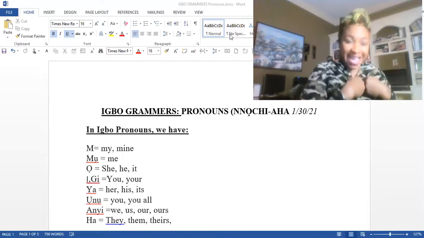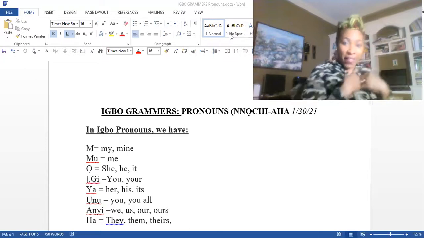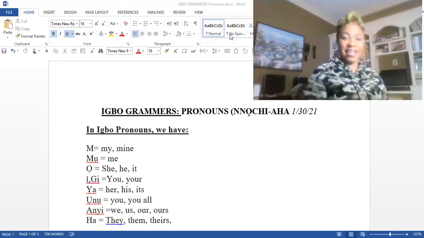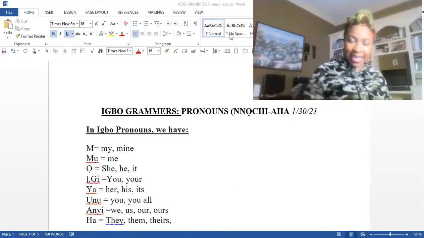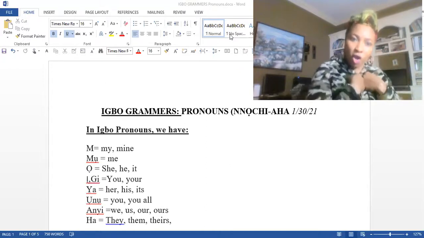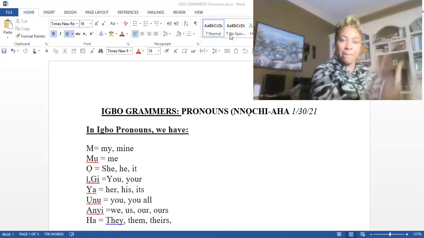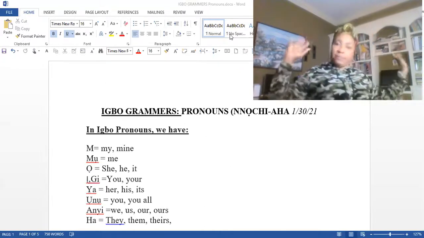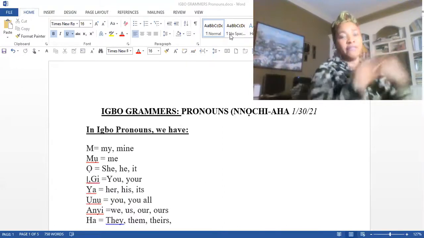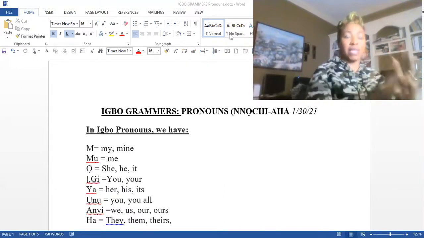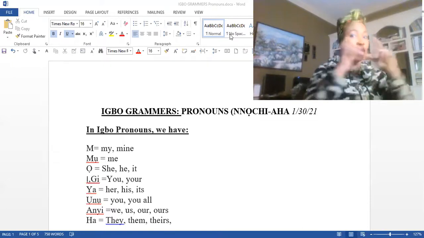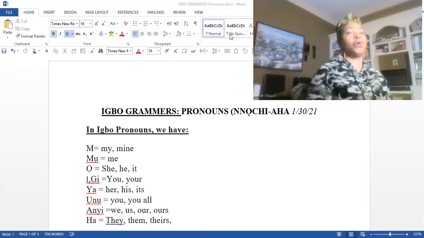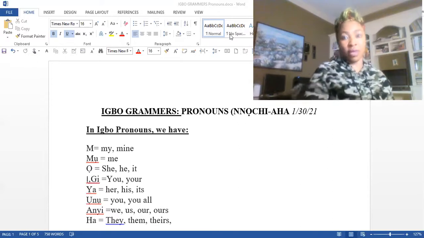It is mine: my mother, my father, my sister, my friend, my brother. Something you own: my book, my pen, my bag, everything, mine. It is mine. It's not yours. That's what it represents.